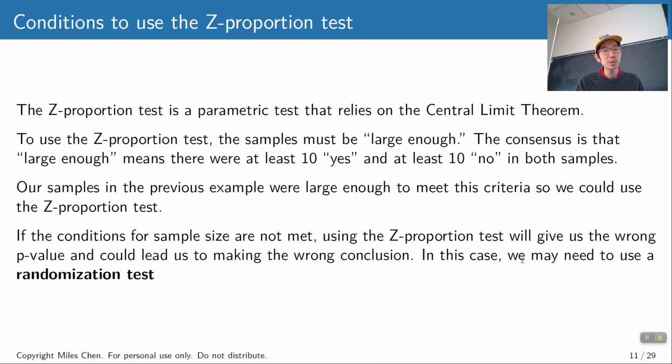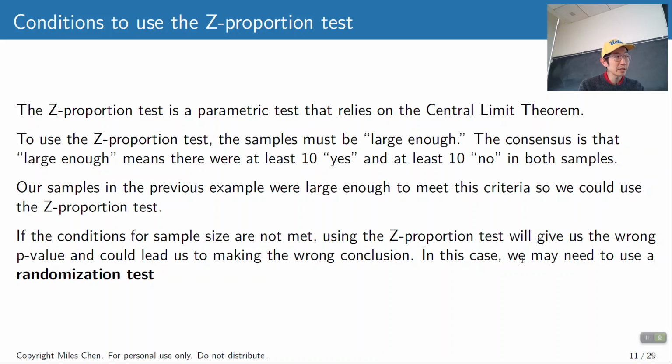Your sample needs to be large enough, and large enough when we're dealing with proportions usually means you have at least 10 yeses and 10 nos. Okay, so whatever thing you're looking at, you need to have at least around 10 yeses and at least 10 nos in both samples, and that's kind of good enough to use the central limit theorem.